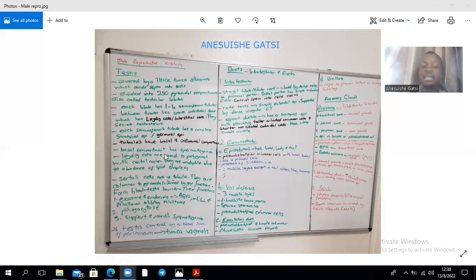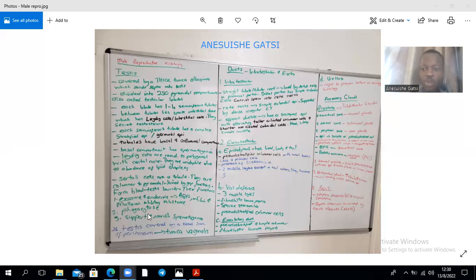Since the seminiferous epithelium is quite unusual, a complex stratified epithelium, the types of cells that you find there are the Sertoli cells and the spermatogonia. I've told you the functions of the Sertoli cells, and the spermatogenic cells are the ones involved in spermatogenesis.